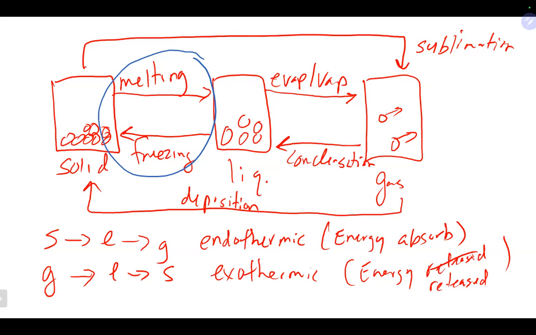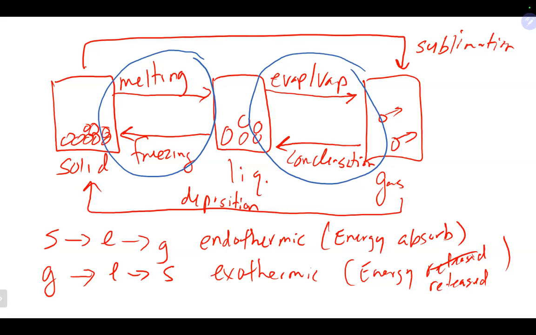Same thing with the evaporation and vaporization and condensation. These two guys also occur at the exact same temperature. That would be the normal boiling point for a substance. And for something like water, it's 100 degrees. So exactly at 100 degrees Celsius, again, you have kind of both phases happening at once. You have the liquid there, and you also have some steam or gas version of that particular substance.